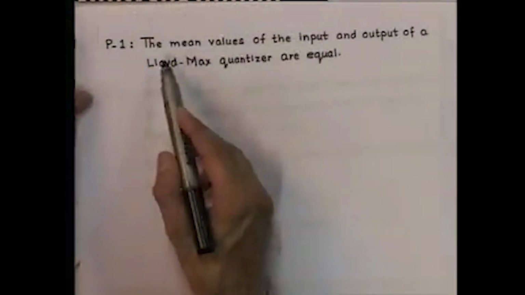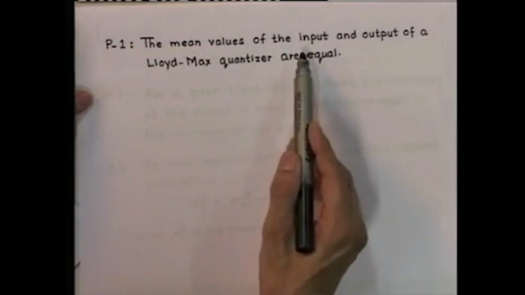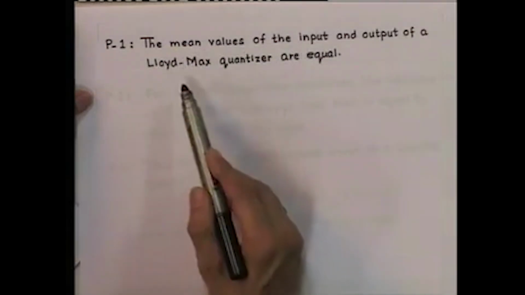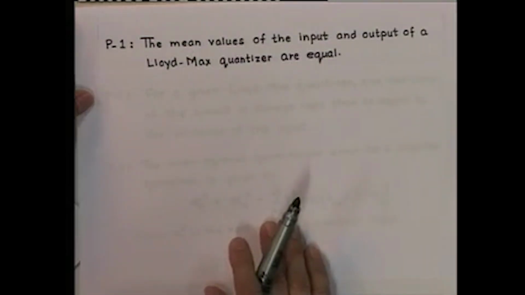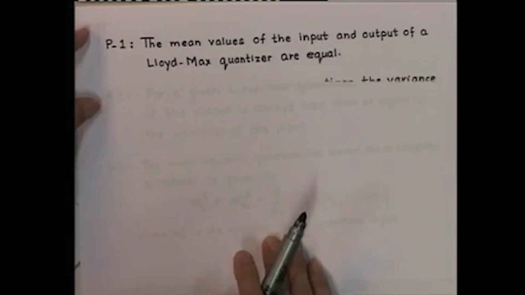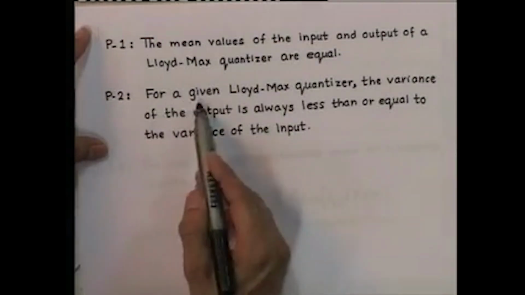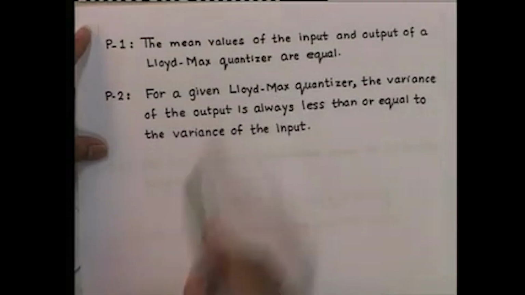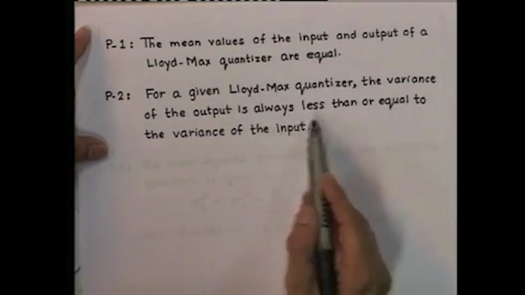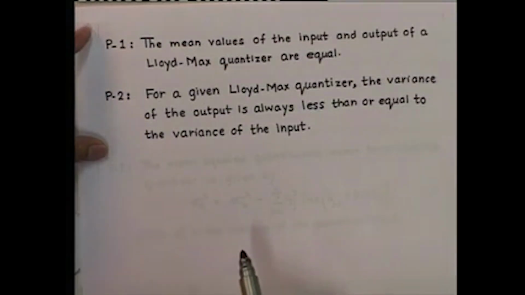The first property says that the mean values of the input and output of a Lloyd-Max quantizer are equal. The next property says that for a given Lloyd-Max quantizer, the variance of the output is always less than or equal to the variance of the input.